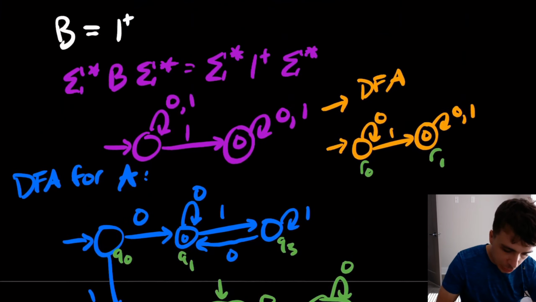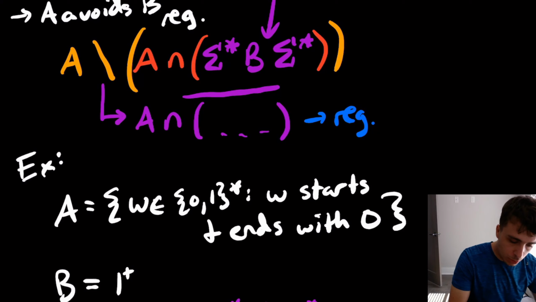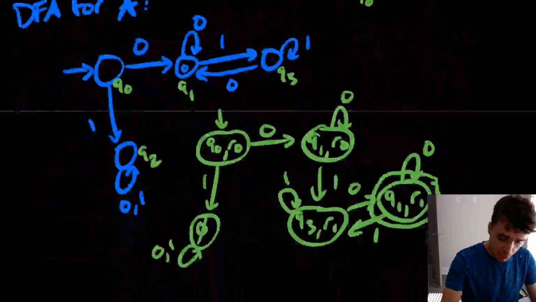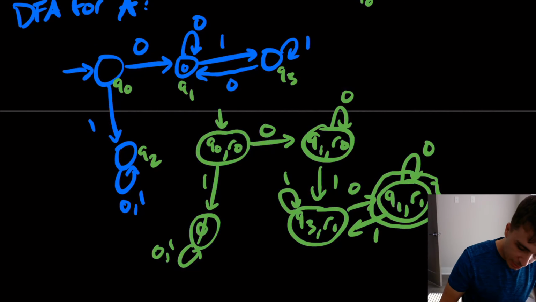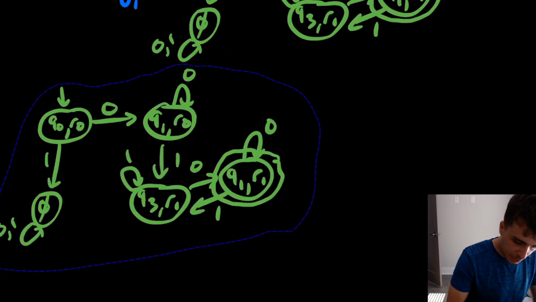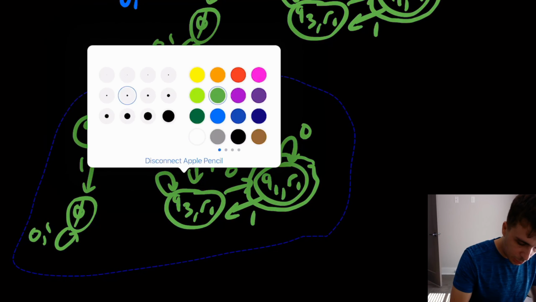So what we need to do now is to do this part right here, which is to take A and intersect it with the complement of this thing. So what I'm going to do here is I'm going to complement this, paste, and I'm going to change the color to be red.